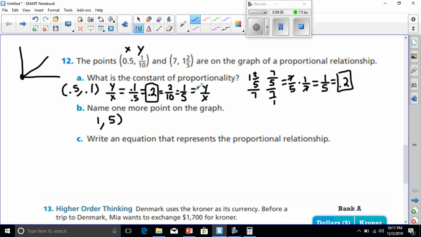Oh, I'm sorry, that's 5 and 1. I have to put them in the right order. 5 and 1. And that's going to give me another point on the graph. If I went over, it would be 1, 2, 3, 4, and 5, and then 1. So that would be another point right there on the graph that that line would have to go through.